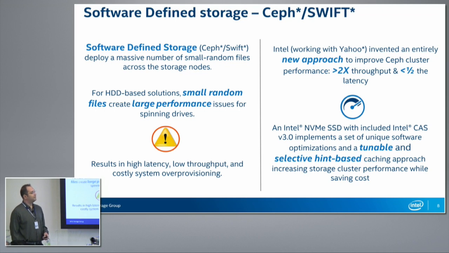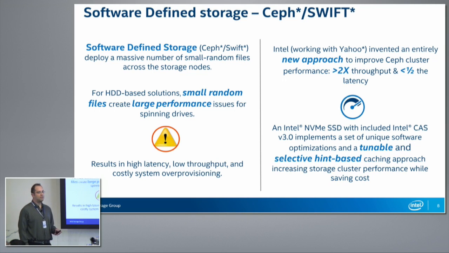So the specific use case: we've been working with Yahoo with their products, as Jay mentioned, Yahoo Mail, Flickr, Tumblr, those kind of products. They wanted to experiment with software-defined storage, particularly Ceph.